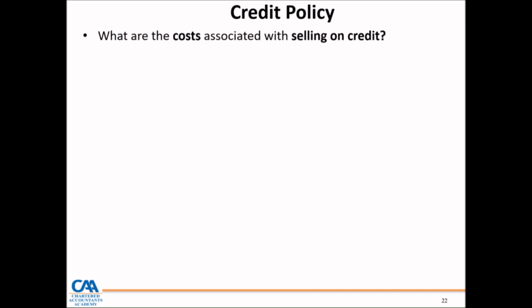What are the costs associated with selling on credit? First and foremost, using your FINAC principles, there is a line item on your profit and loss: you have a bad debt expenditure, so that is another cost of selling on credit. And also you have the cost of financing debtors.